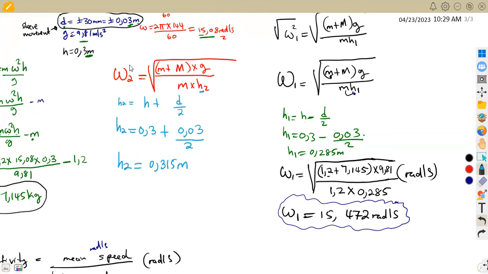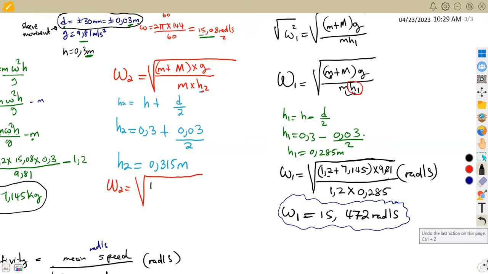That's why our omega 2 is going to be the lesser value. Everything that we needed is there; the only missing part was H2. Rewrite everything as it is, only that H1 is replaced by H2.